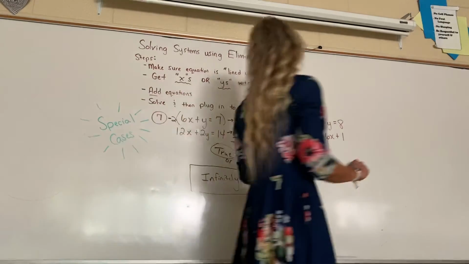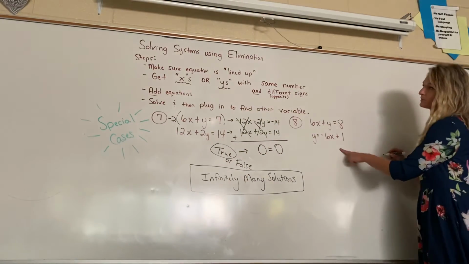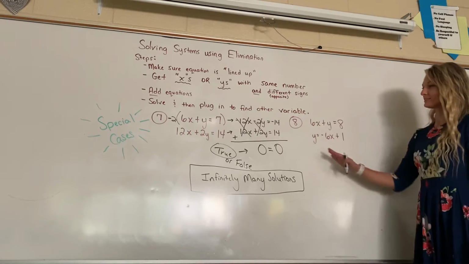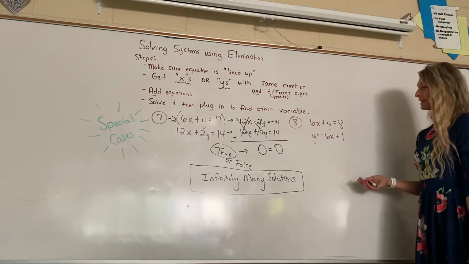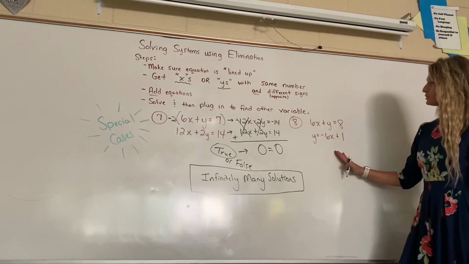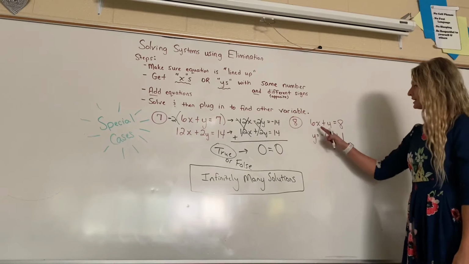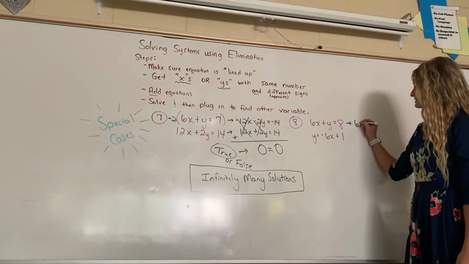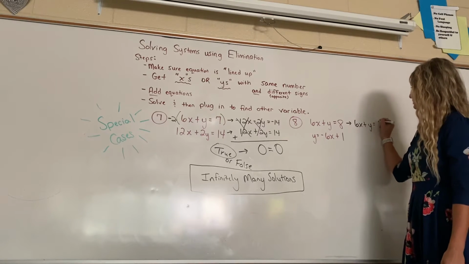So let's look at this other one. With this other one, same steps. Make sure they're lined up, and notice this is the first problem we've done where they're not. So the first thing I have to do is get them lined up, okay? Usually we put them in standard form, so that one's already in standard form, so I'm just going to bring that one over.